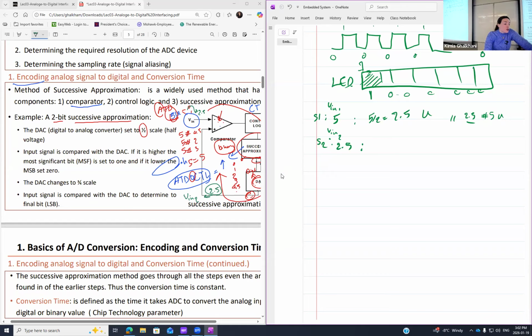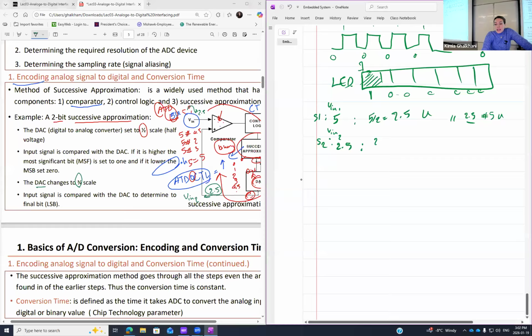Still, it's not equal to 5. Then it will go to the control logic. Control logic decides to stay active and send it to the mathematical calculation, which is the successive approximation method, to again divide for me. This time, the scale is 3 divided by 4.